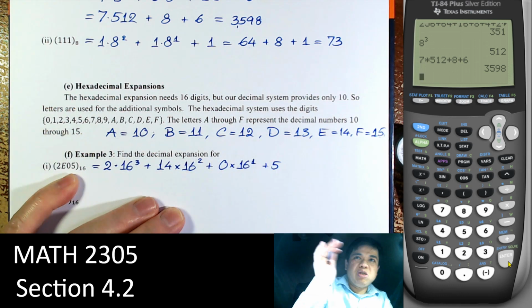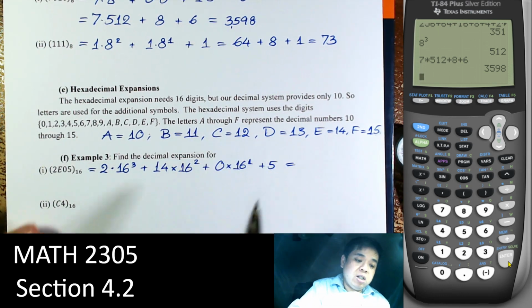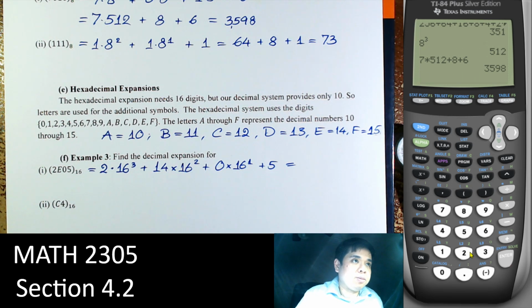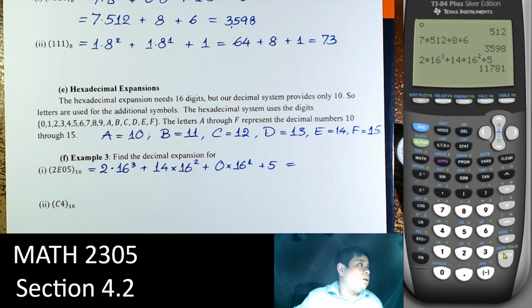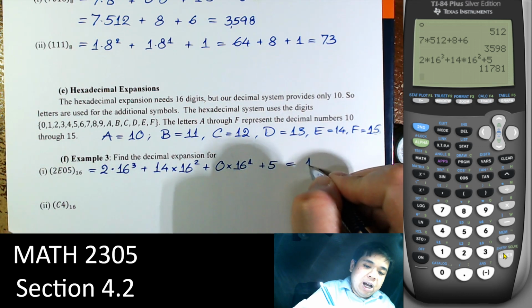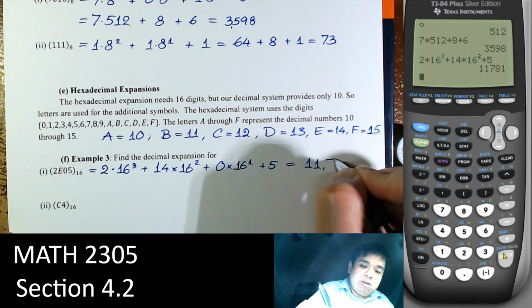The last one, they just drop the power. Now we just need to do this: 16 cubed, just do everything at once, plus 14 times 16 squared, plus 5. That's what we have: 11,781.